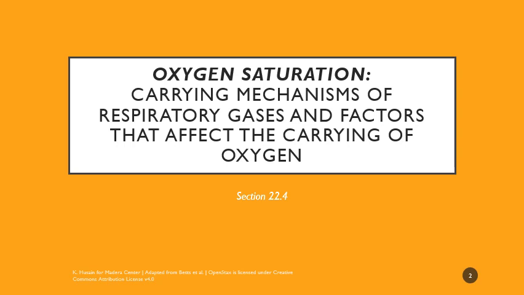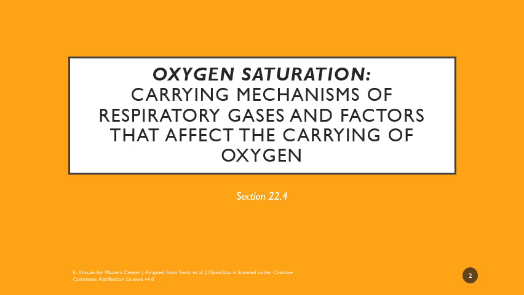Okay, so we talked in previous lectures about the relative structure of erythrocytes and of hemoglobin. We talked about their functional role. Now we're going to be integrating the cardiovascular system, the respiratory system, and that structure of hemoglobin within erythrocytes to think about this idea of oxygen saturation and how we have different carrying mechanisms for carbon dioxide and oxygen.